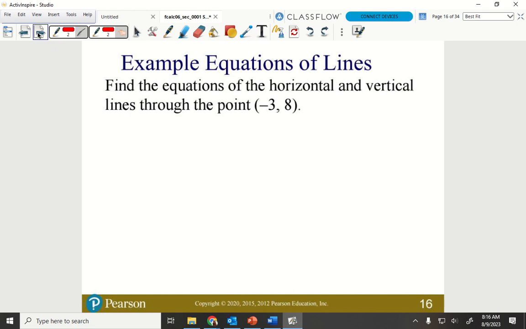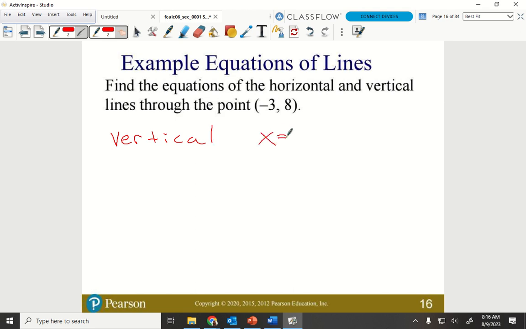All right. I'm going to start with my vertical line. My equation for the vertical line would be... What does a vertical line always start with? Vertical is up and down, right? Nope. Vertical, straight up and down, is x equals.